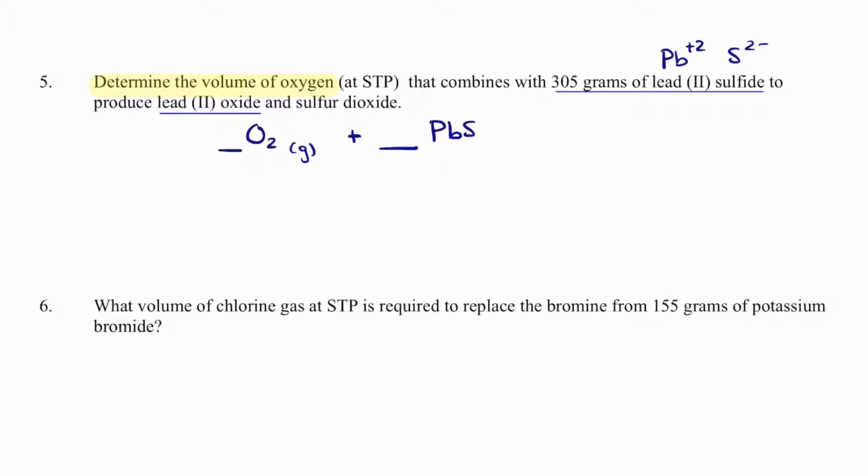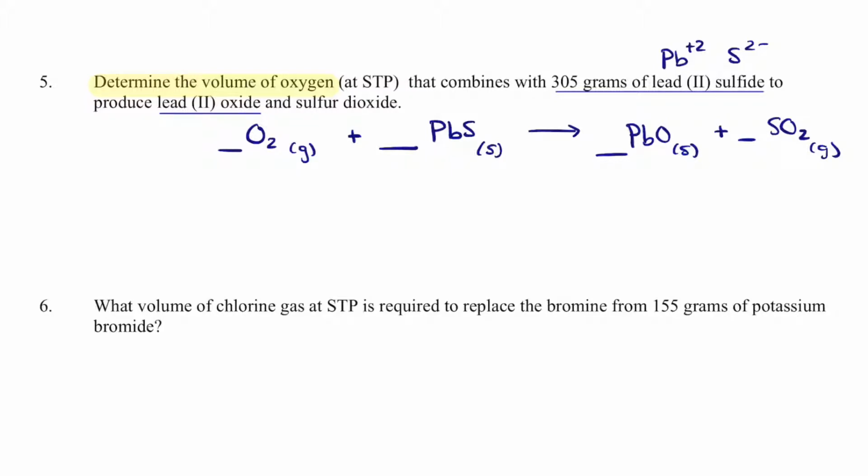And it doesn't tell me the state of matter, so I don't necessarily know it, but I do actually know this just because I've dealt with lead sulfide before, and it's a solid, and it's going to produce lead oxide, lead-2 oxide. That's going to be PbO. That's a solid as well, and then sulfur dioxide gas. And I just know the states of matter, so just ignore those.